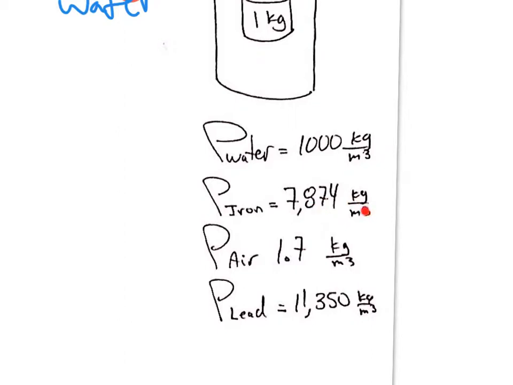So iron is heavy, 7.8 times as dense as water. Air, 1.7 kilograms per meter cubed, so it does weigh something, but it's definitely a lot less than water. And then lead is the thing that we think of as being a dense material that's pretty common. Fishing weights, for example, or the keel in a boat. So 11,350 kilograms per meter cubed.